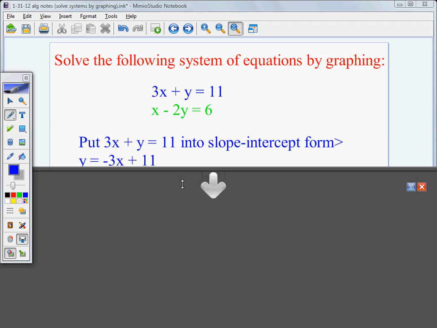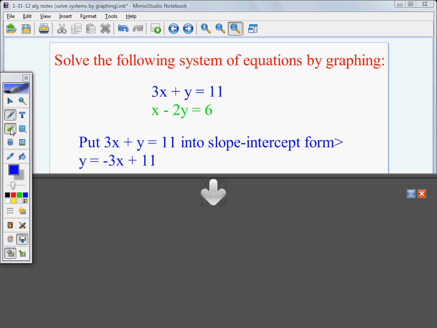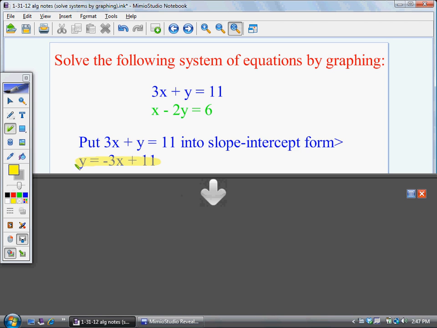So right here it is in slope-intercept form: y is equal to negative 3x plus 11. When you have it in slope-intercept form, you should be able to see that the y-intercept is 11 and the slope is negative 3. That should be pretty easy to graph. Now the second equation, x minus 2y equals 6.